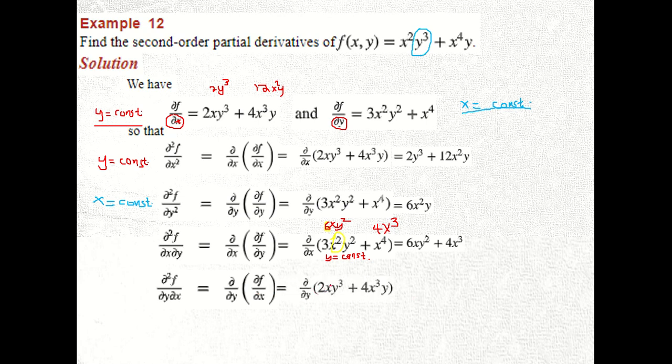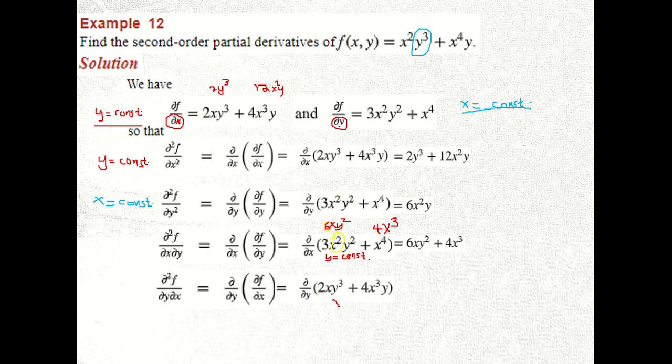So this is our partial derivative of the function with respect to x, which we got by holding y as constant. Now differentiate it again, but this time we have to hold x as constant because we are now differentiating it with respect to y.